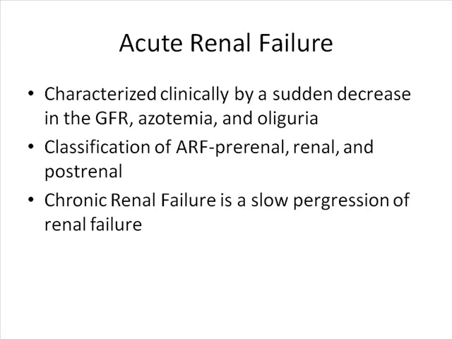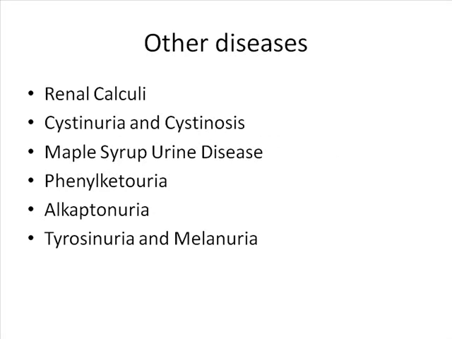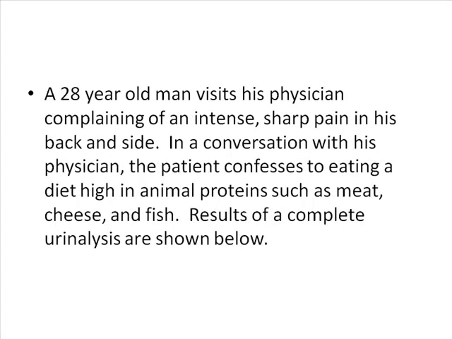They start to feel bad. They go to the emergency room. Chronic, of course, is a slow progression over time. All right. Now, you can have other diseases, other things that are unusual. Maple syrup disease, that's very unusual. Gives the urine kind of that maple syrupy odor that goes along with it.